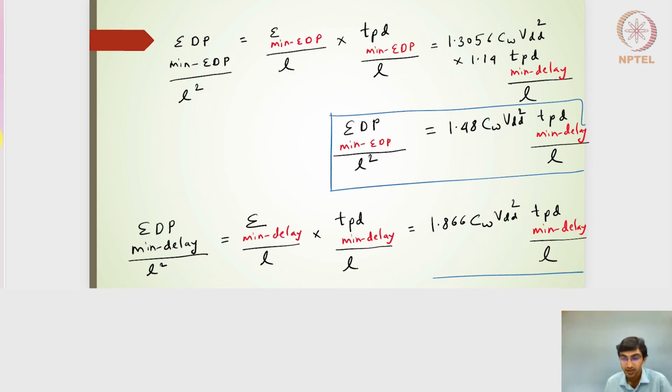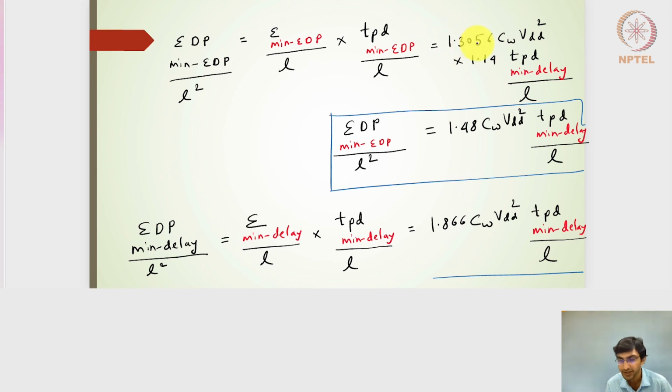Moving ahead, if I want to find out the energy delay product per length square, which I have written because it becomes easier in our calculation. The energy delay product for the minimum EDP is nothing but the energy while achieving the minimum EDP point per unit length, multiplied by the delay for achieving the minimum EDP point per unit length.